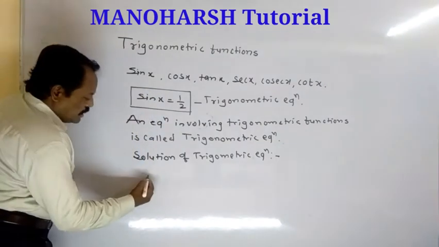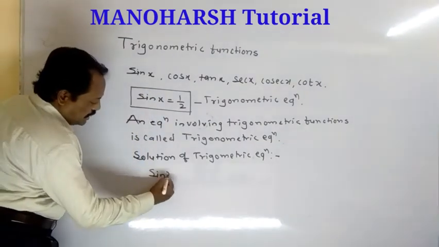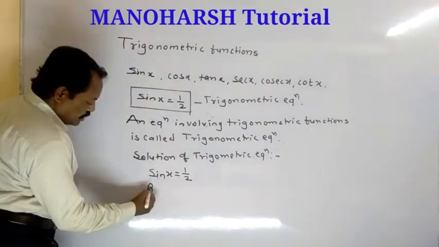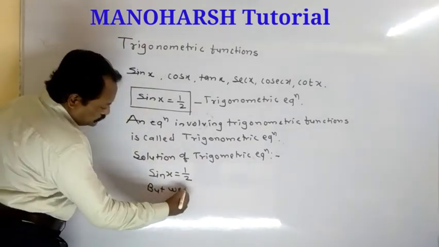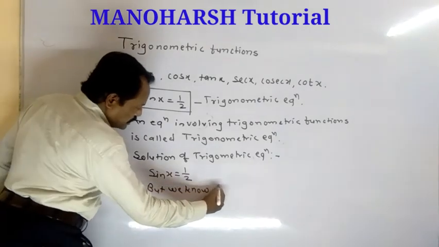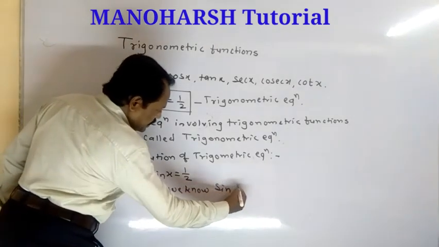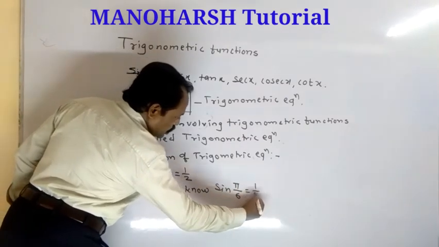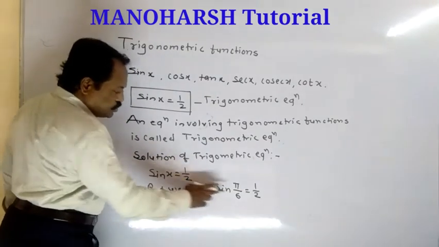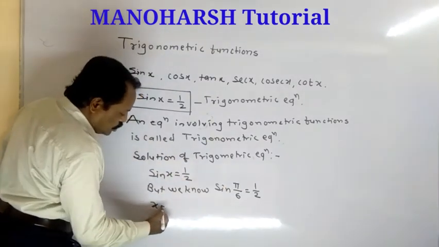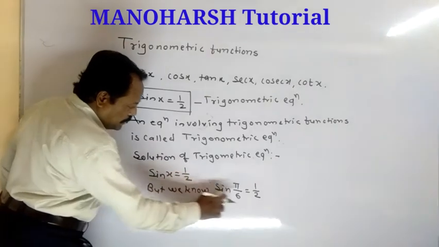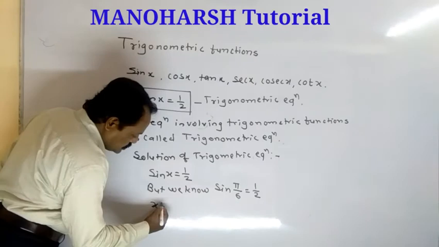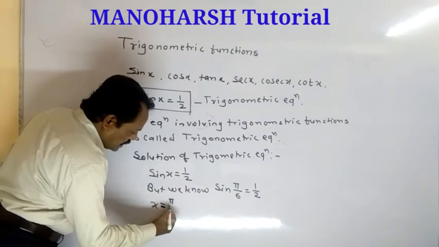Now if you take the trigonometric equation sin x is equal to half, but we know sin 30, that is sin pi by 6 is equal to half. So from these two equations, x is equal to what? Sin x is equal to half, sin pi by 6 is equal to half. So from this equation x is equal to pi by 6.